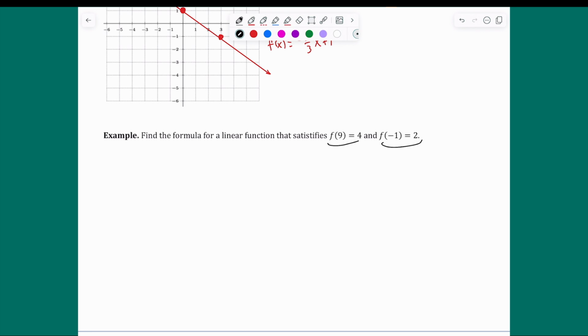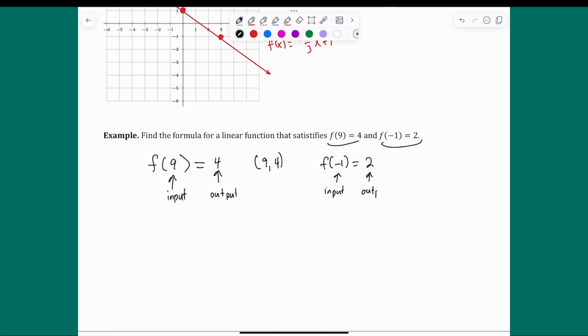In fact, they're giving us ordered pairs. f of 9 equals 4 tells us we have an input of 9 and an output of 4, which corresponds to the point (9, 4). Likewise, f of negative 1 equals 2 gives an input of negative 1 and an output of 2, which corresponds to the ordered pair (negative 1, 2).